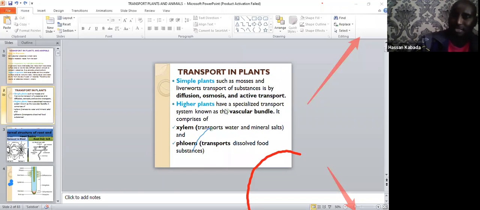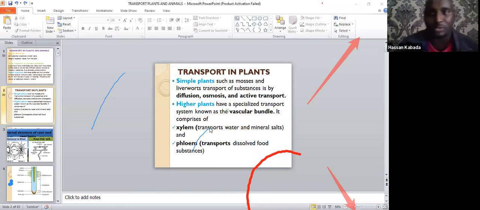Higher plants have a specialized transport system known as vascular bundles. So if you hear about transport in higher plants, what should come into your mind is vascular bundles. Even if you're woken up in the middle of the night, at 8 at night, and asked anything about transport in higher plants, or generally plants, the answer should be vascular bundles.